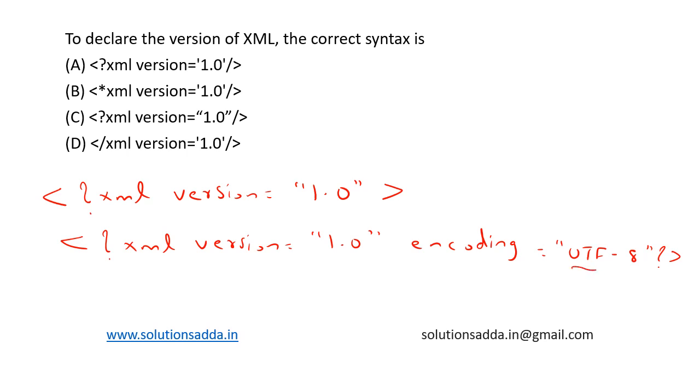This is just a sample encoding method. So this is called XML prologue and it is an optional part. If it is existing, then it should come first in the XML document. So the XML can come in variety of formats, so it is better to specify the encoding technique. So based on the options here, option C would be the right choice.